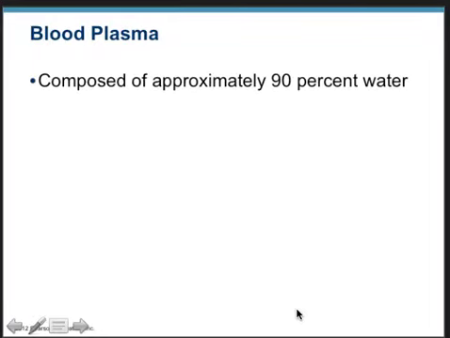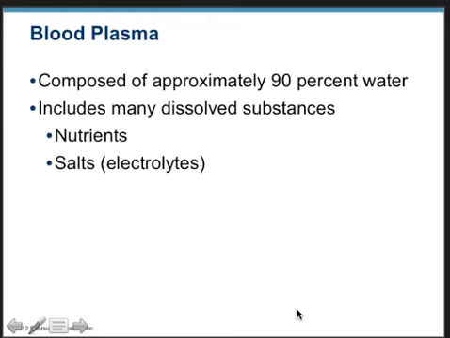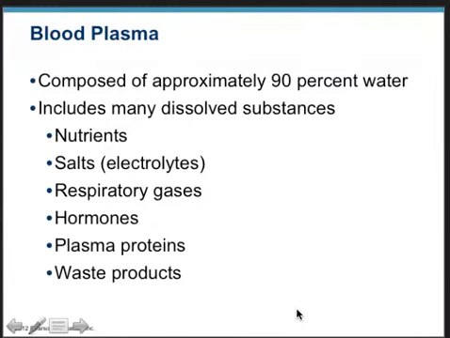Plasma is composed of about 90% water, and it includes nutrients, electrolytes in the form of dissolved salts, respiratory gases, hormones, which are chemical signals secreted by the endocrine system and carried throughout the body to maintain homeostasis, and waste products, which are generated as a result of normal metabolism, and then also plasma proteins, which help maintain the osmolarity of blood and also regulate blood clotting, as well as defense mechanisms against disease.